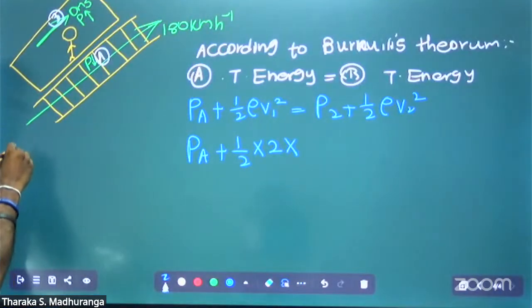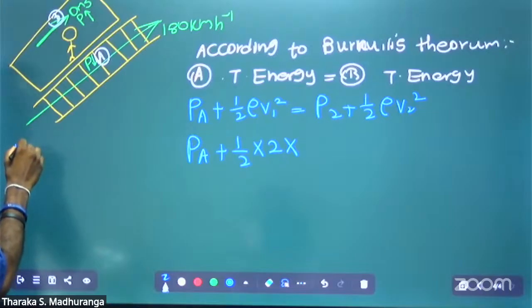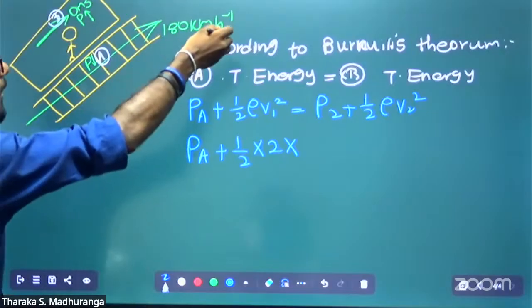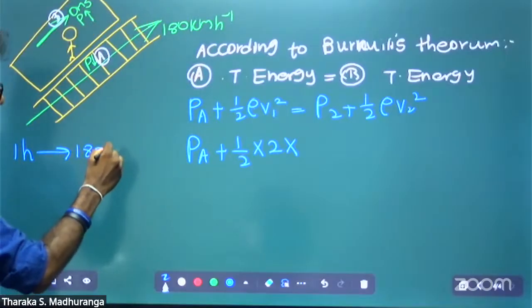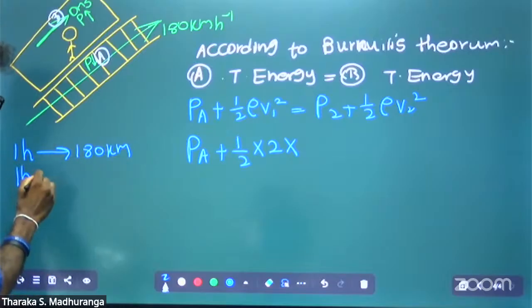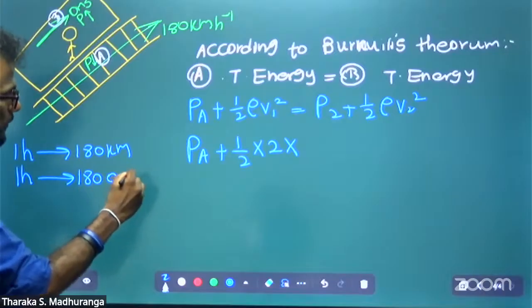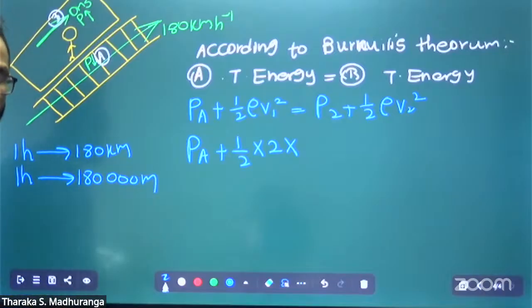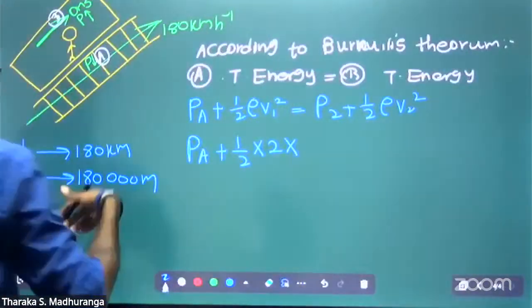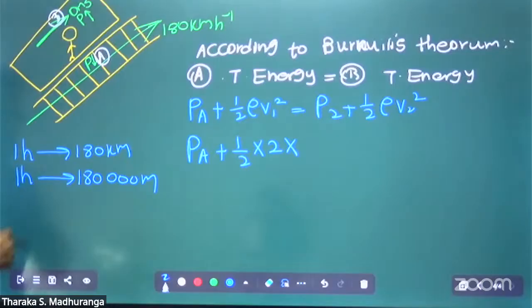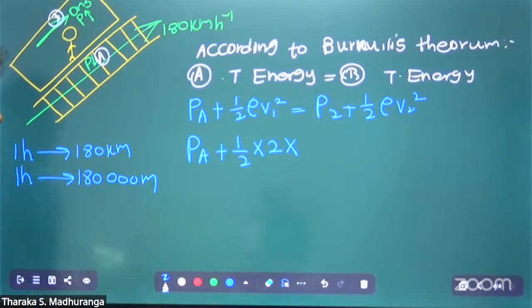According to the question, 180 kilometers per hour means per 1 hour, 180 kilometers. Within 1 hour, 180,000 meters, because 1 kilometer means 1000 meters.